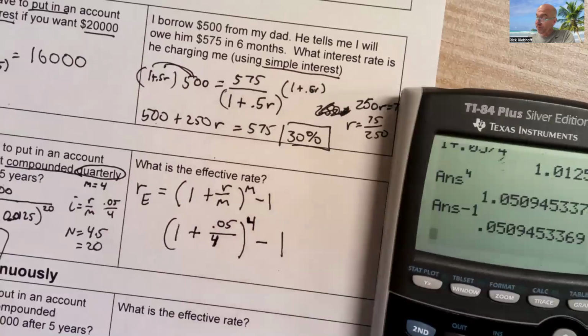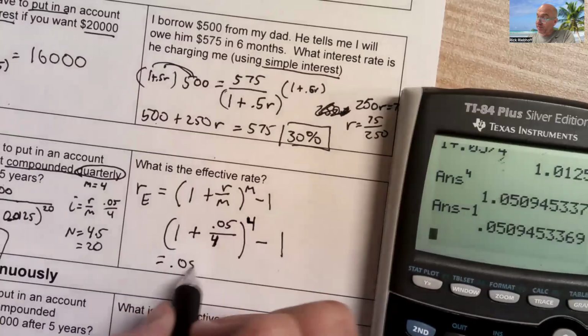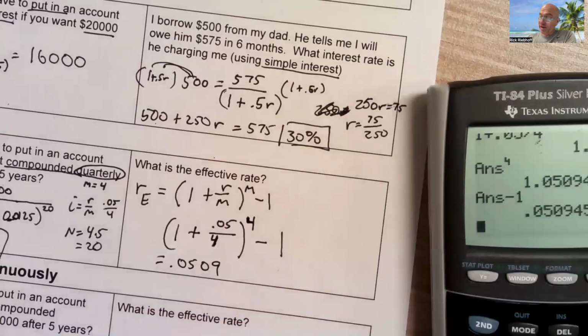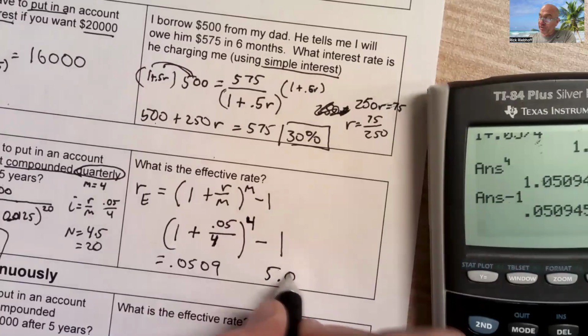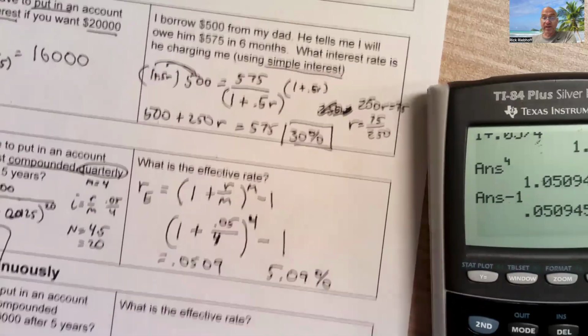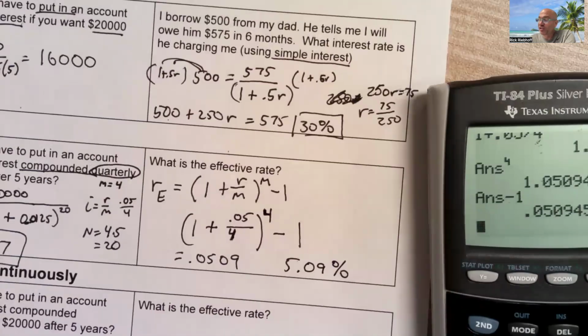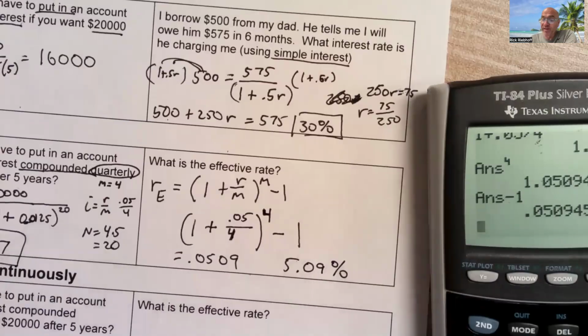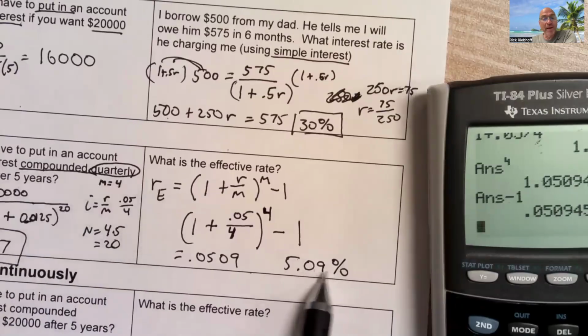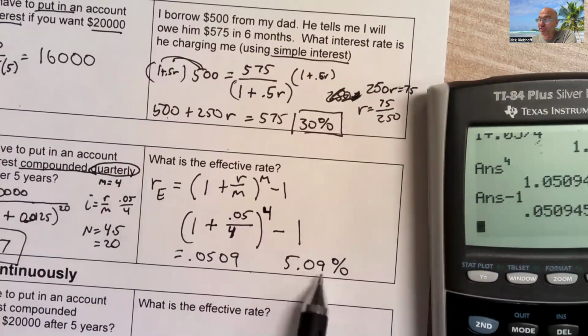So our effective rate, 0.0509, is about 5.09%. Basically each year we're getting about 5.1%. Even though it's advertised as 5%, because of the compounding quarterly, this is helping me out a little bit. It's giving me a little extra juice, right?